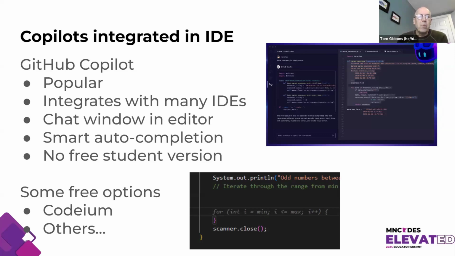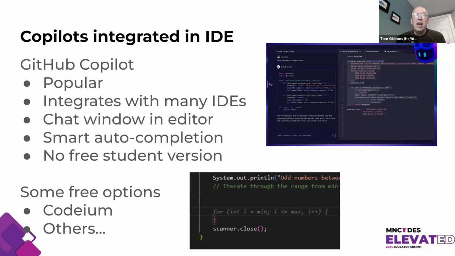Again, I'm just seeing some of this in my class, but I expect in the next year or two that this will be in all of our IDEs. And again, we're seeing a couple ways of doing this. A chat window in the environment. Right now, whenever I'm coding or teaching, I have an AI in one window and my IDE, my development environment, in another window, and I've got to cut and paste back and forth.